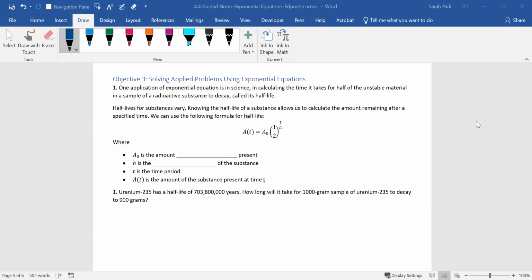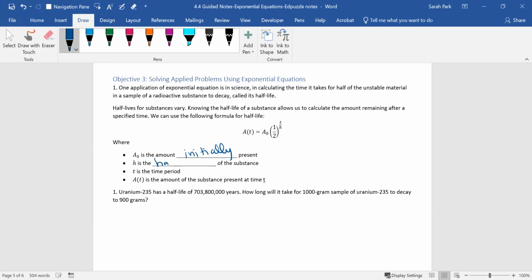We have A of T equals A naught, or A with that little zero means A initial value, 1/2 raised to T over H. So A initial is the amount of the substance that is initially present. H is going to be your half-life.